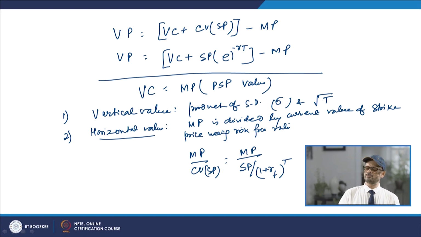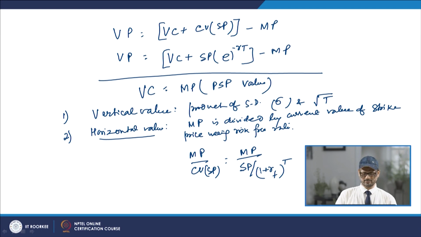So this is done for the whole maturity time span, and when you have to calculate the current value of that strike price for that maturity time as the basis, you have to divide it by 1 plus r raised to the power t. That is how you calculate the present value from any future value: you divide by 1 plus interest rate raised to the power of the periods.